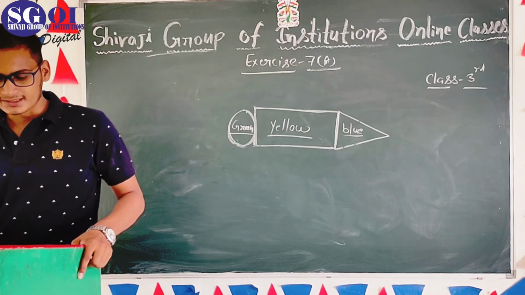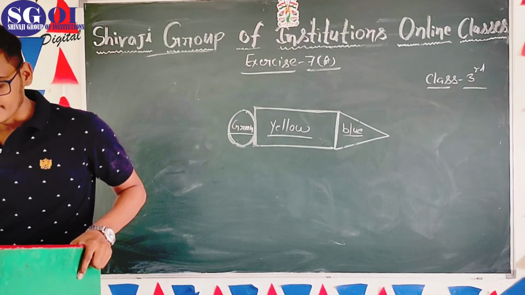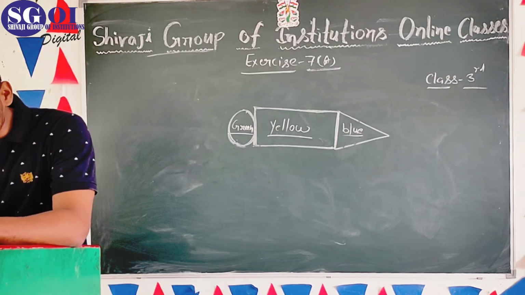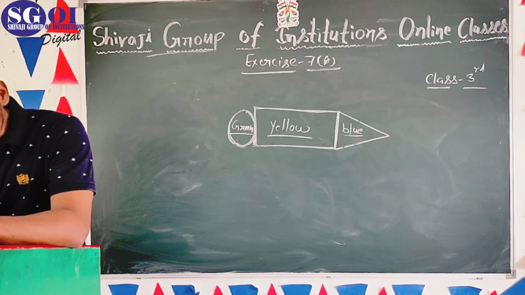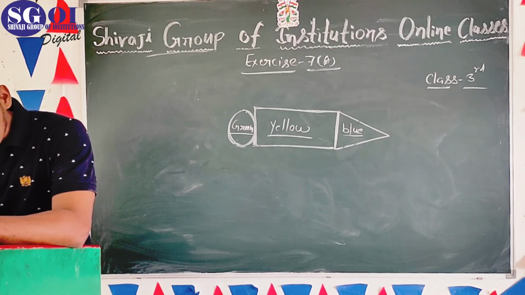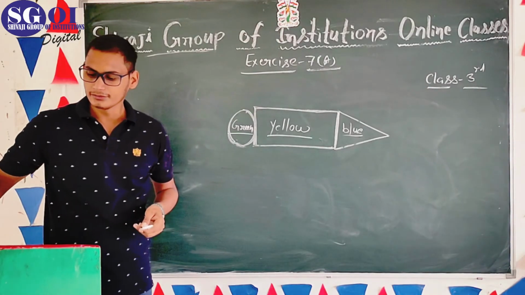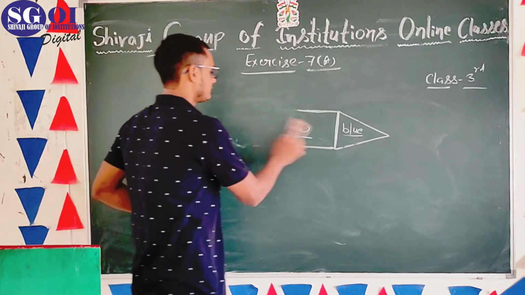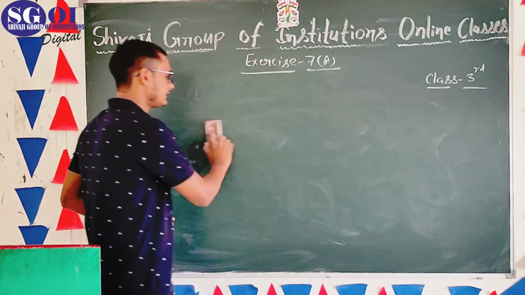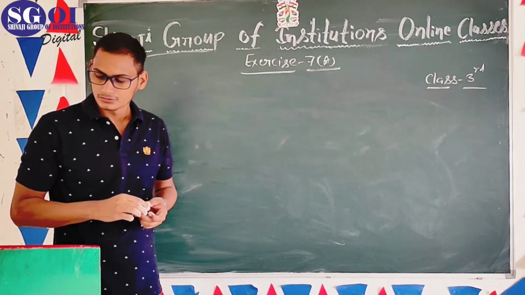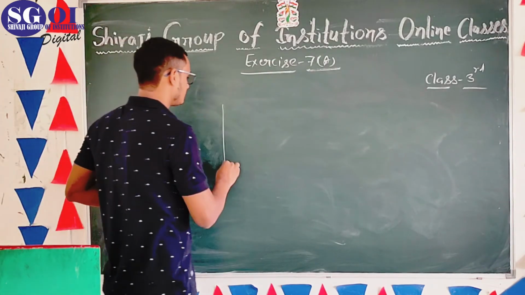Question number C. Copy the pattern by freehand drawing. Okay, you have to copy the pattern. Next, continue the series in the flag. A flag is given in the question, and we have to continue the series.